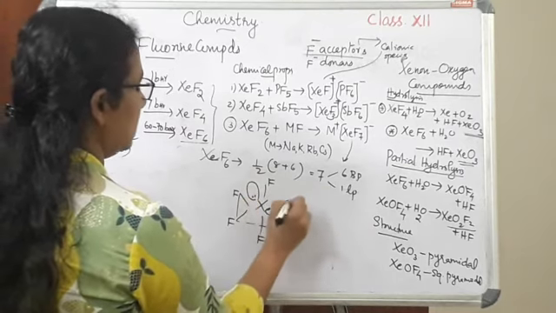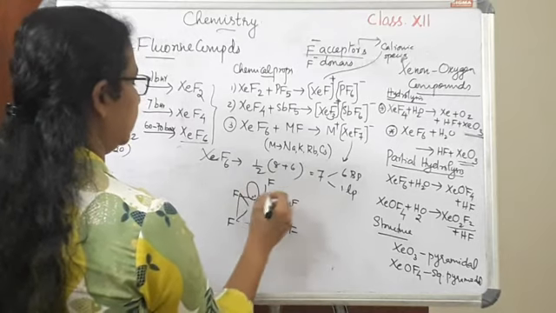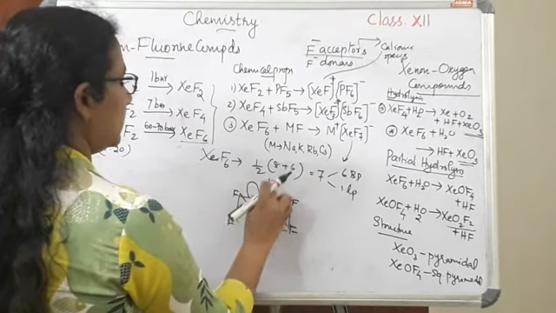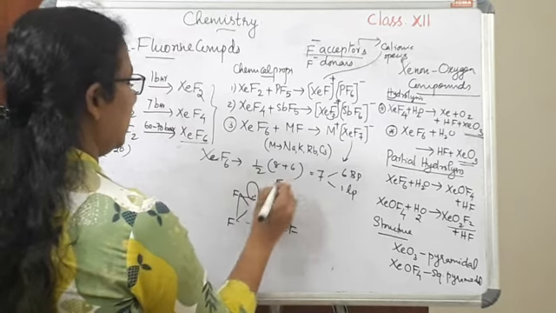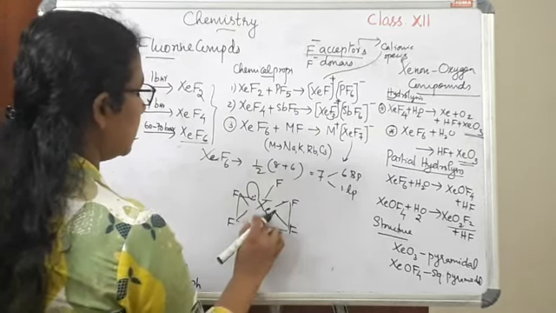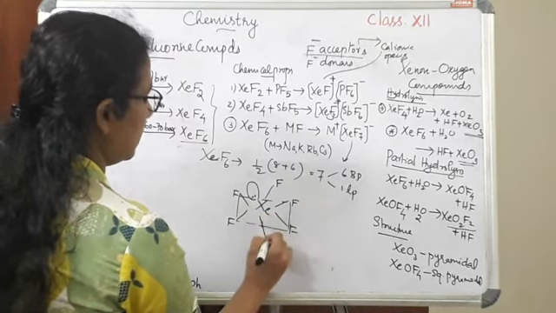So this can be the structure, and actually this is not a pure octahedral, it will be a distorted octahedral.